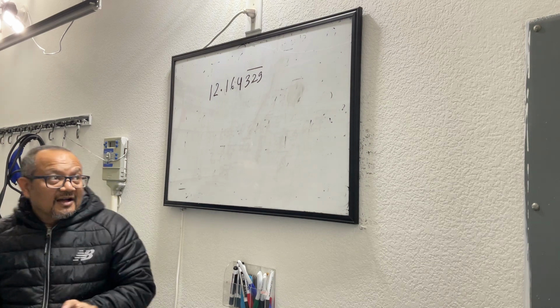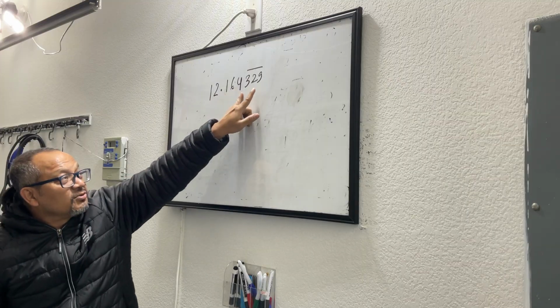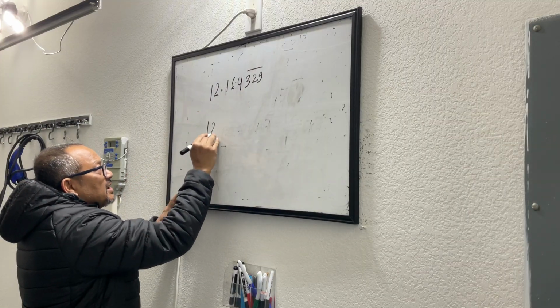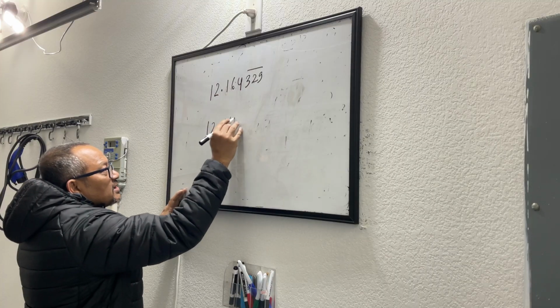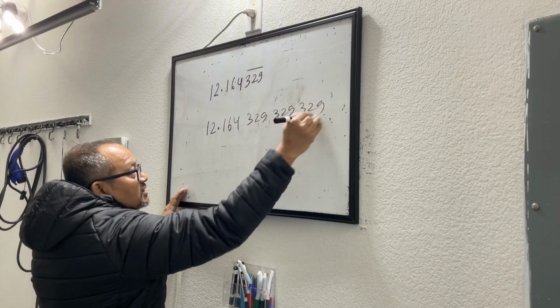Okay. 12.164 and then 329 repeating. So if you want to understand this in simple terms, actually my number is this: 12.164, 329, 329, 329. This is what is happening.